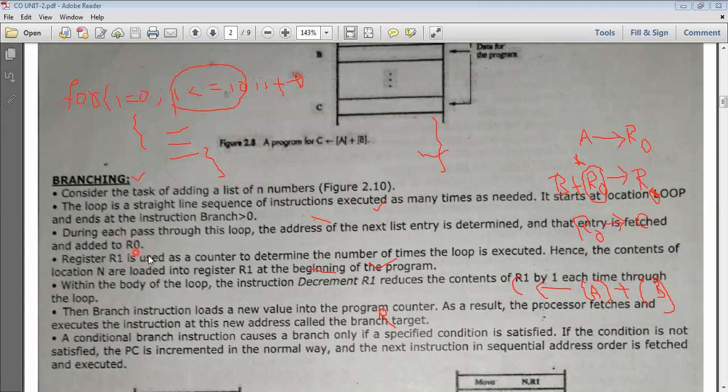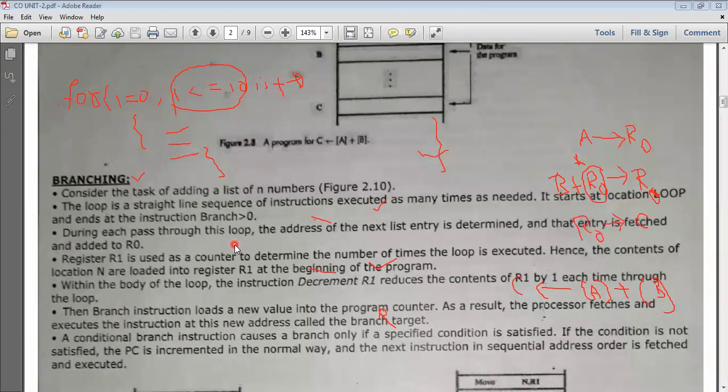What is present in R0? The addition result. Register R1 is used as a counter to determine the number of times the loop is executed. Suppose we want the addition of 20 numbers, then we use R1 equal to 20. Suppose we want the factorial of 10.